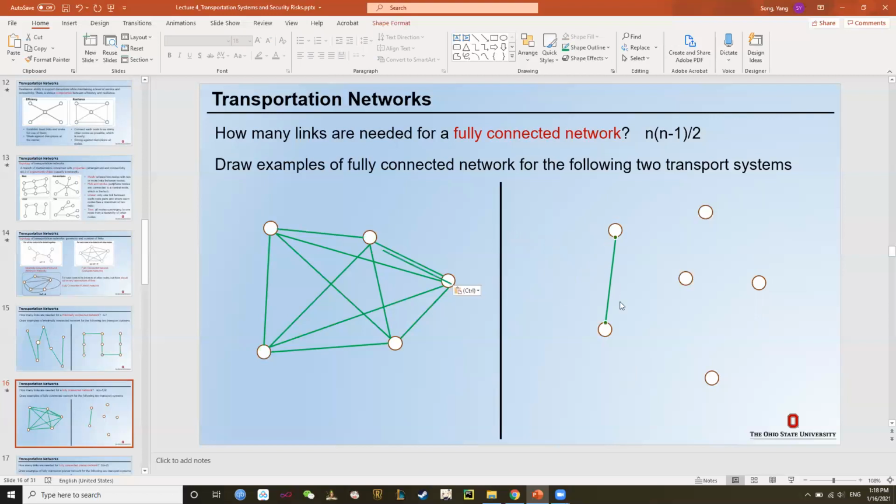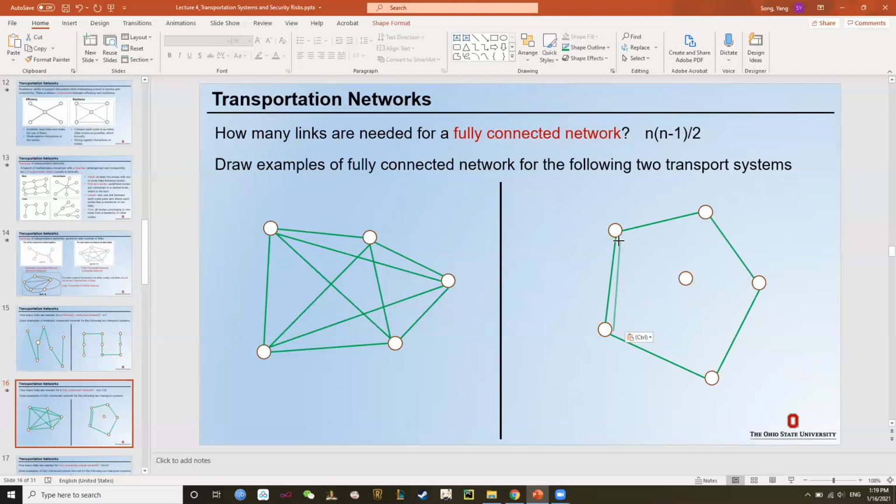So 15 links. So link 1, link 2, link 3, link 4, yeah, link 5. Okay, let's continue.